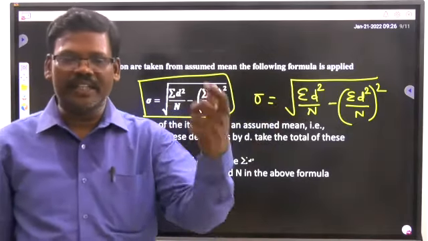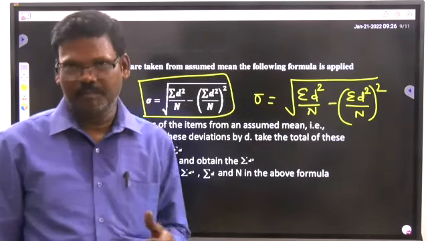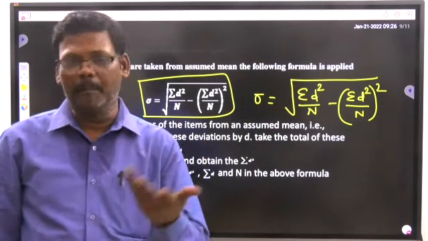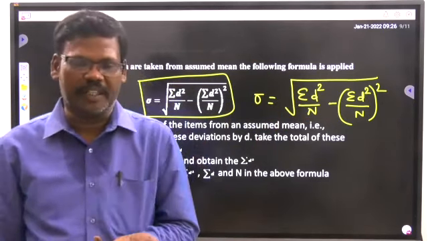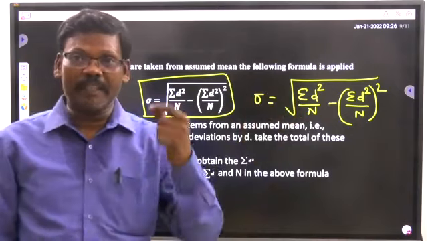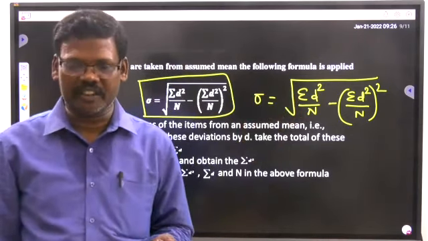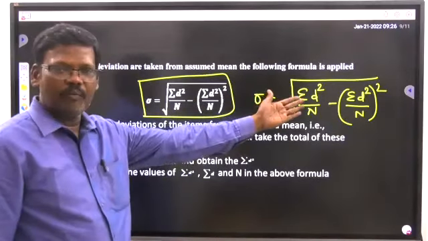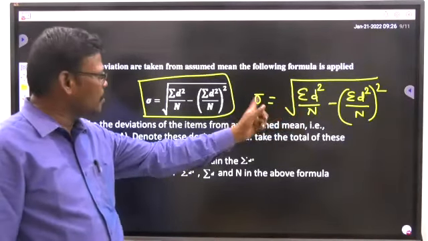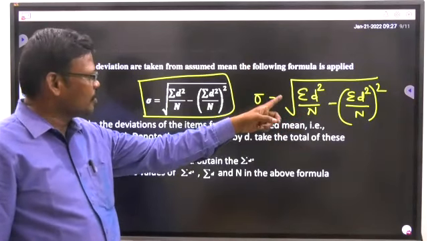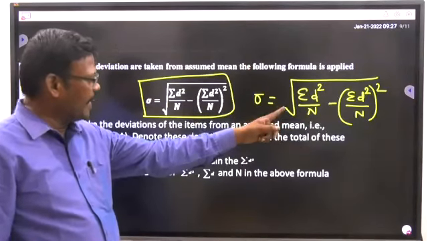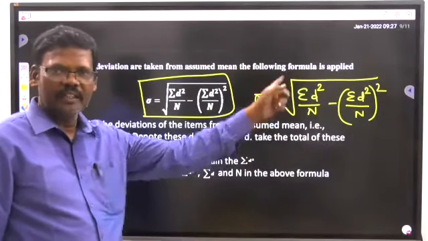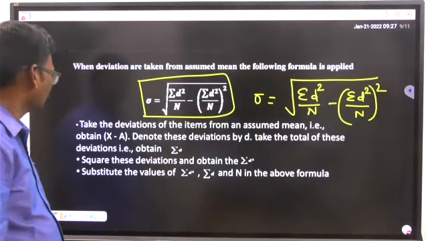Whatever I told you till now is the theoretical part. The theoretical part may not be important, just for understanding only. But the calculation methods are very important in statistics. So in the calculation methods, the formula is sigma equals sigma d square by n minus sigma d by n whole square, and for the whole thing, it should be the square root.